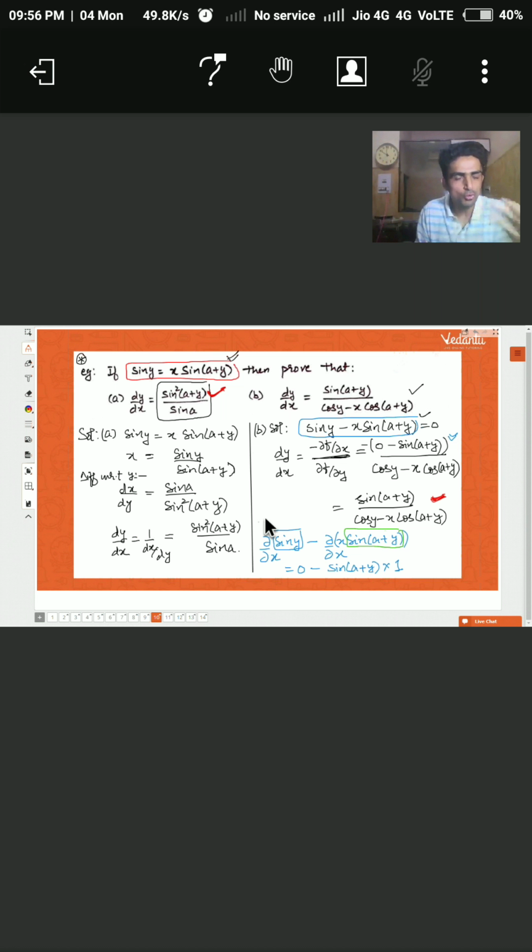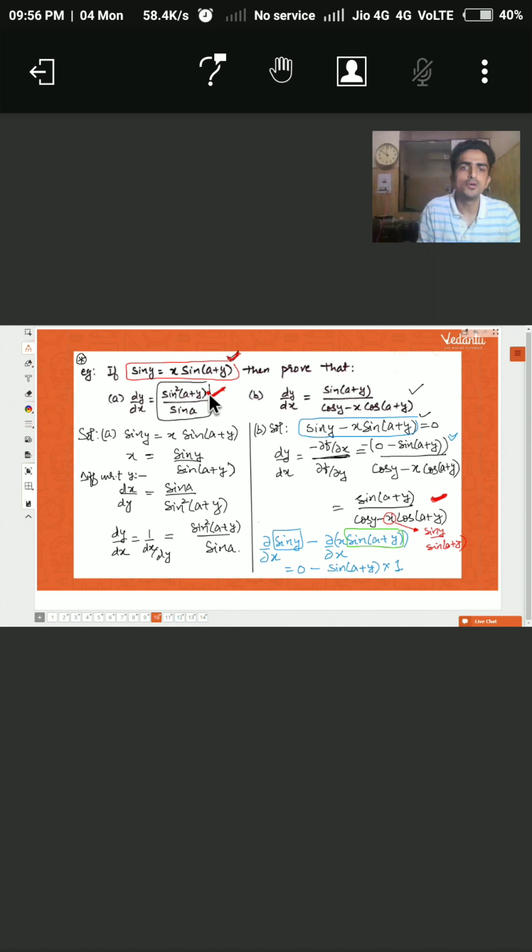And how to use it? Simple. You get this, but what we require does not contain x. So you remove x from here. How? By putting its value from the given equation. That is all, finish.